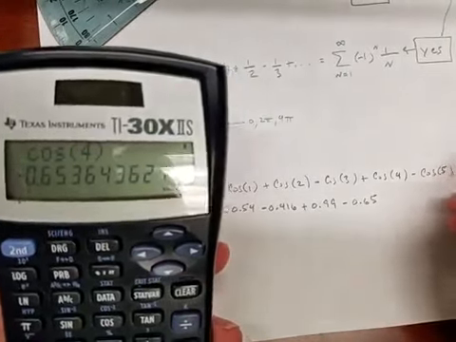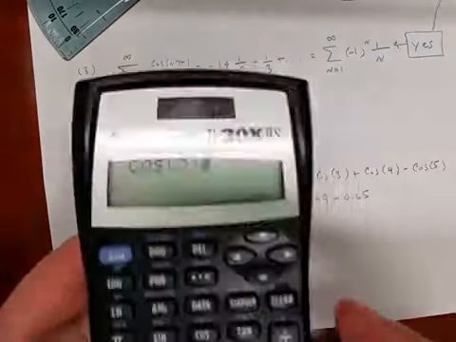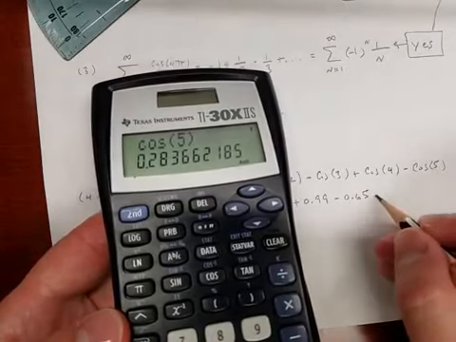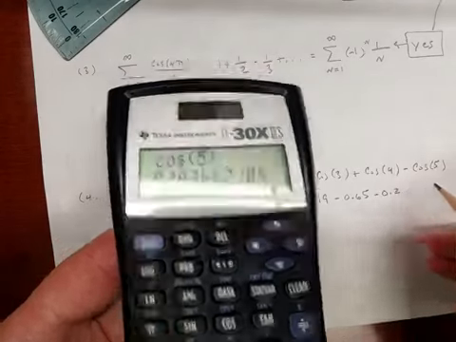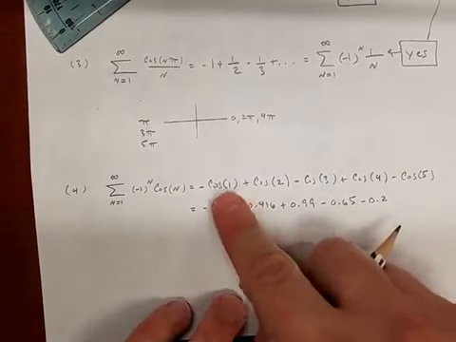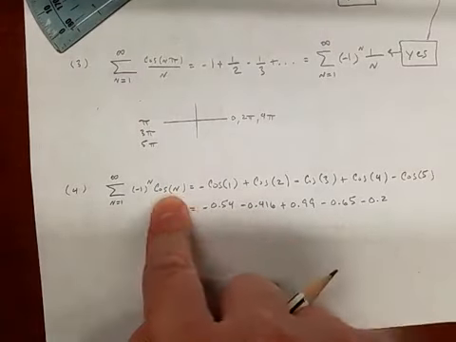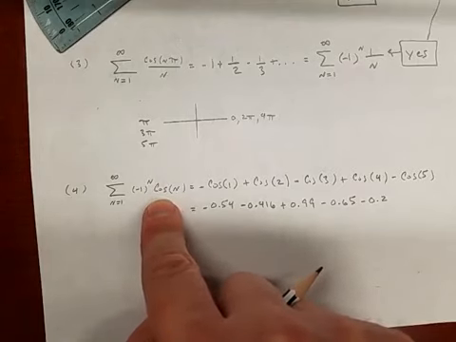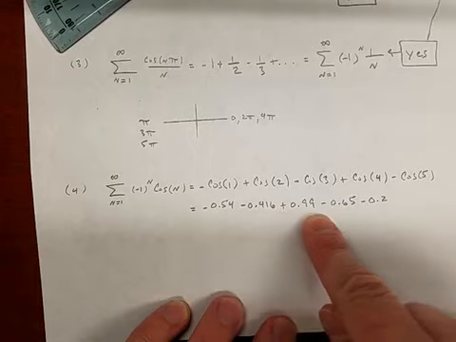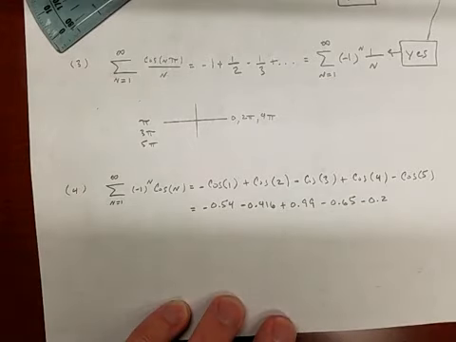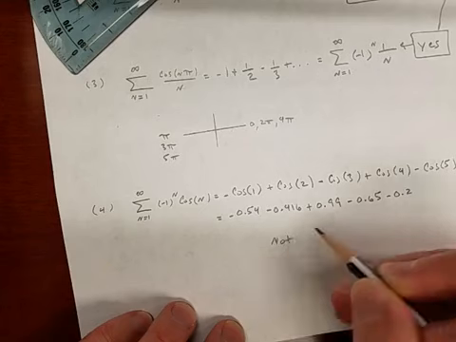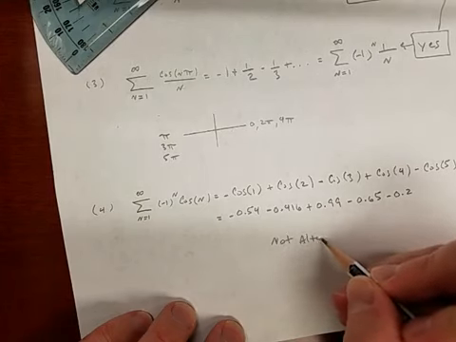Cosine 5 radians is 0.2. Okay, so I'm subtracting it. So negative 0.2. All right, yeah, so that part of it is not always plus or not always minus. And so it causes the series to not consistently alternate in sign. Okay? So this is the one that we see here that's not alternating.